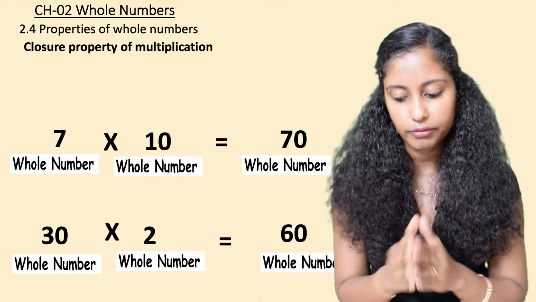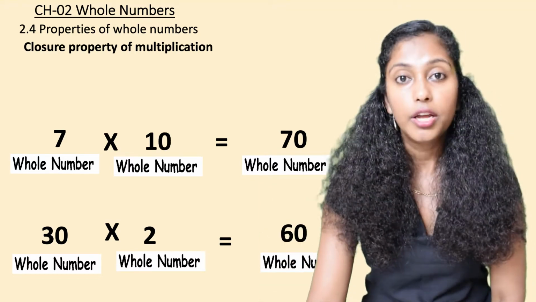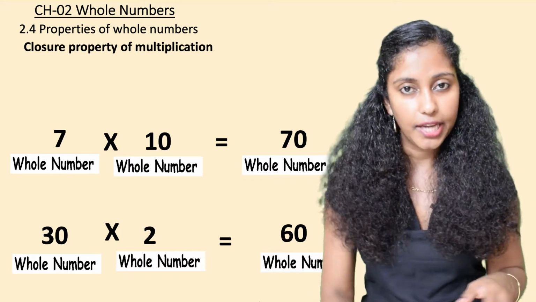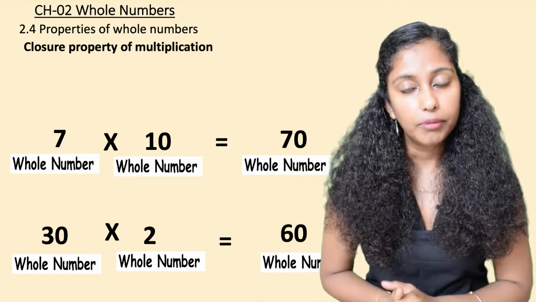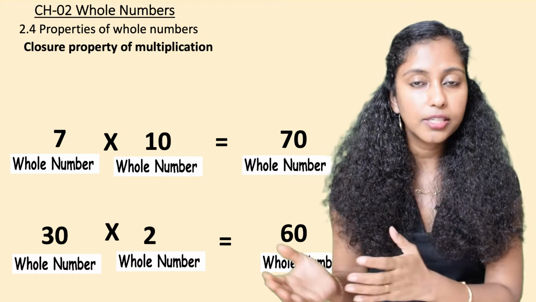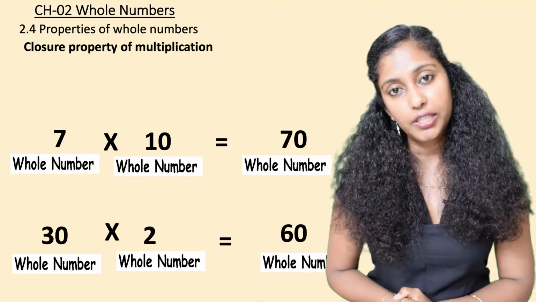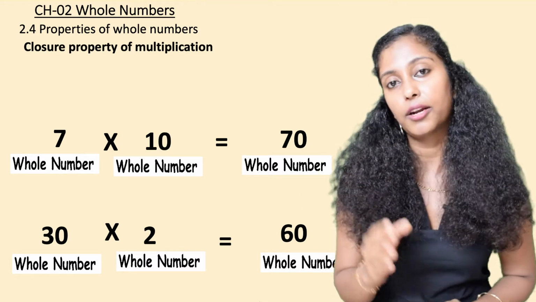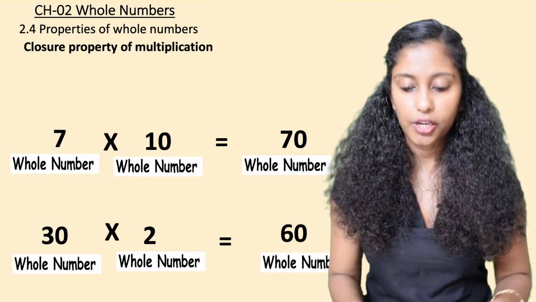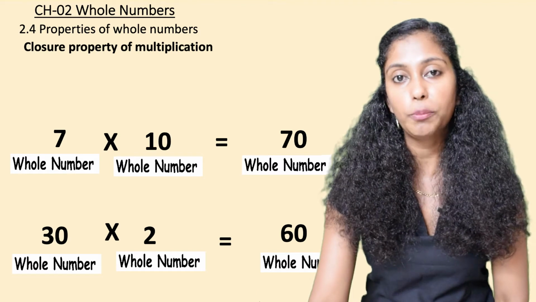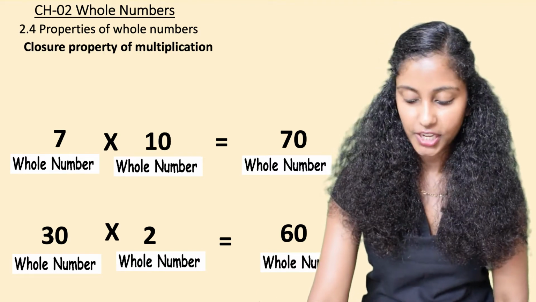When we multiply both of them, we again get a whole number. So this means that when two whole numbers are multiplied, the answer which we get is always a whole number. This means that whole numbers are closed under multiplication, and this is known as the closure property of multiplication.